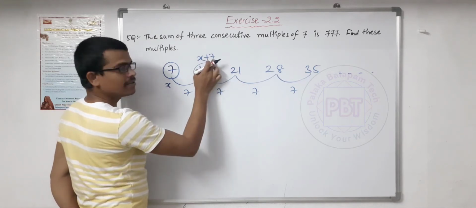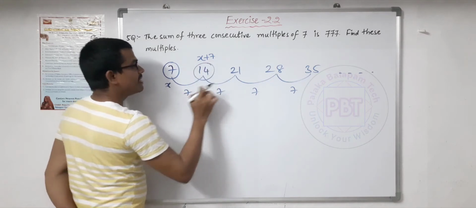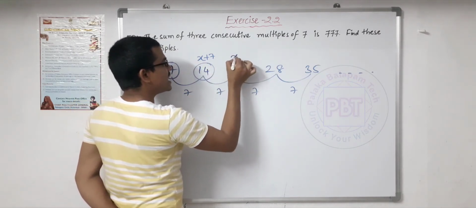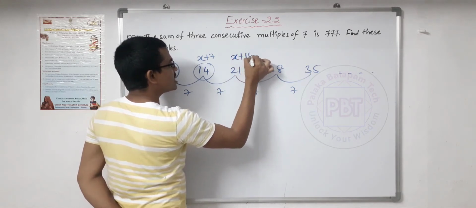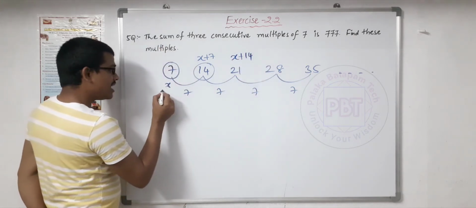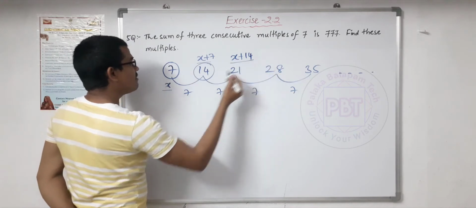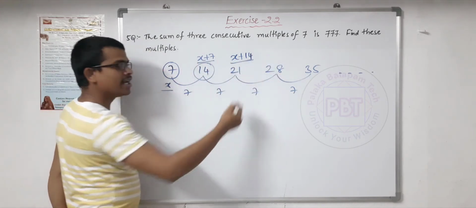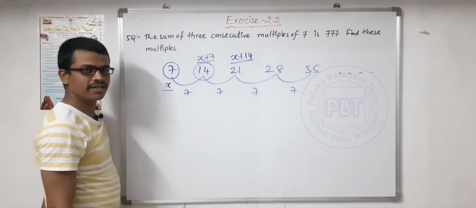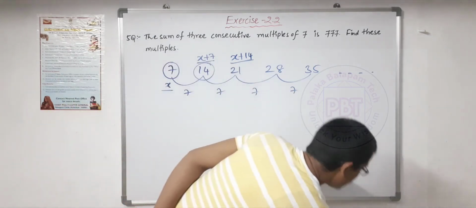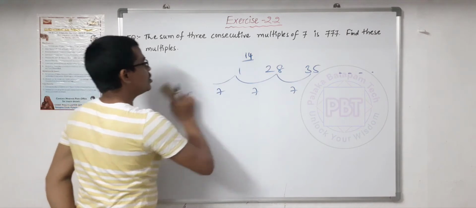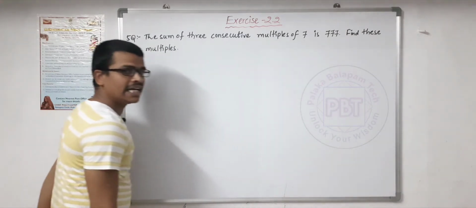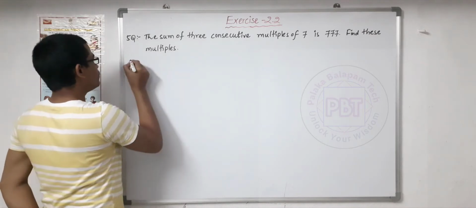Then for the third multiple, we have to add 7 to x plus 7, that is x plus 14. So the three consecutive multiples of 7 are x, x plus 7, x plus 14.